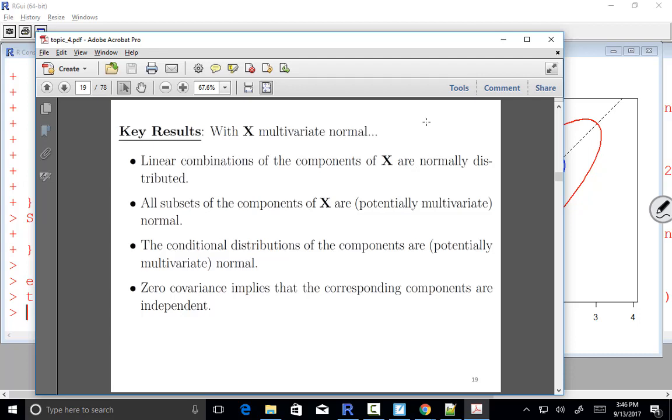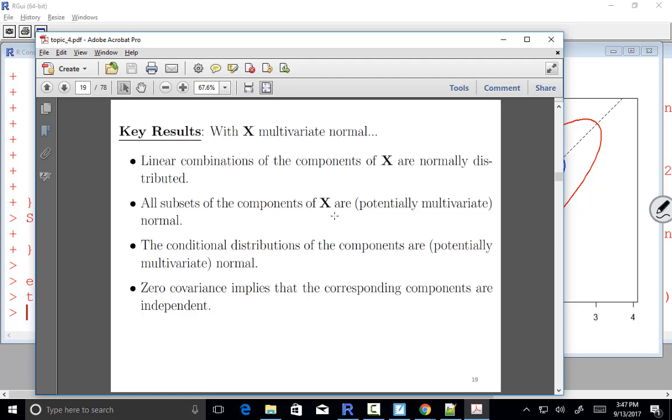Like if x is bivariate, we have x equals the vector x1, x2. What if we did, say, a times x1 plus b times x2, a linear combination of my variables? Would that be normally distributed? The answer is yes. So linear combinations of multivariate normal variables are themselves normal.